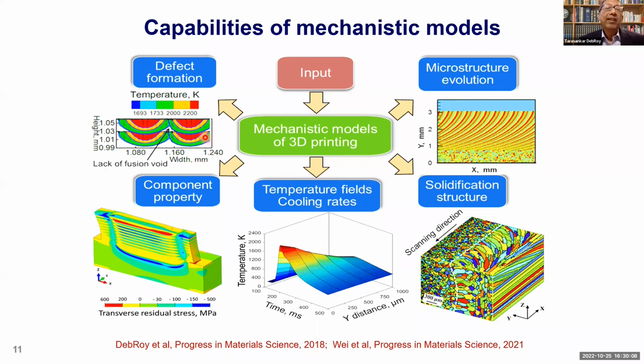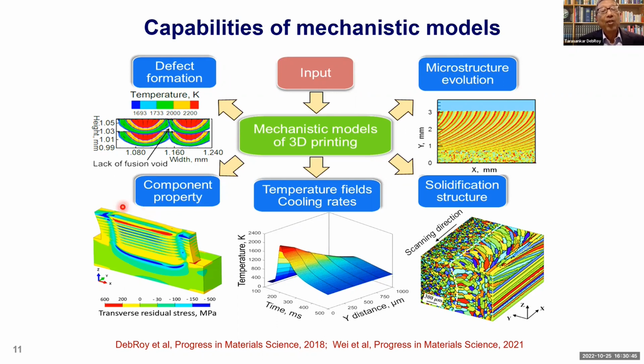We also get some idea about the defects because these models can compute the geometry of the fusion zone. And there has to be significant overlap in nearby tracks and nearby layers. So there cannot be an open space because if there is an open space, there will be lack of fusion voids. Also, the heating and cooling based on the component property can result in residual stress and distortion of the part.